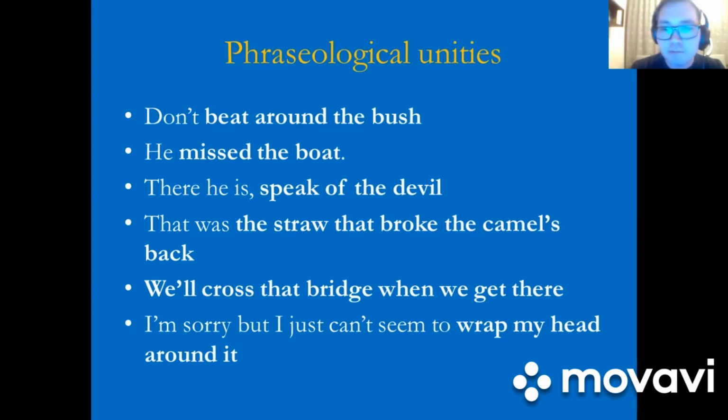A camel, this animal, is used to transport goods from one place to another, and we know that a camel is a very strong animal. But it doesn't matter how strong you are if you have an excessive load.